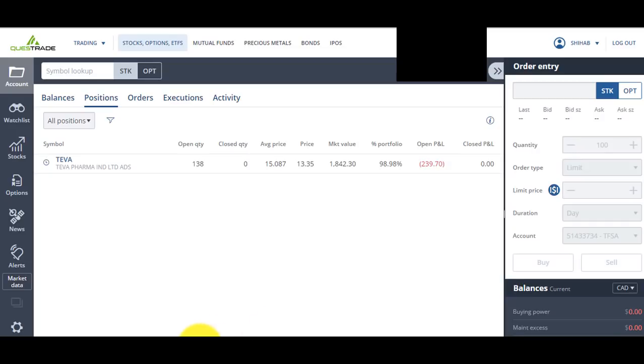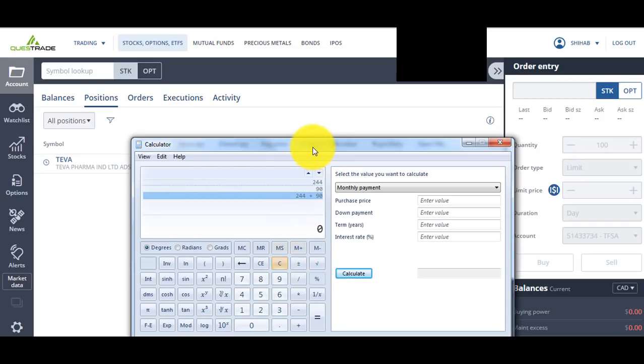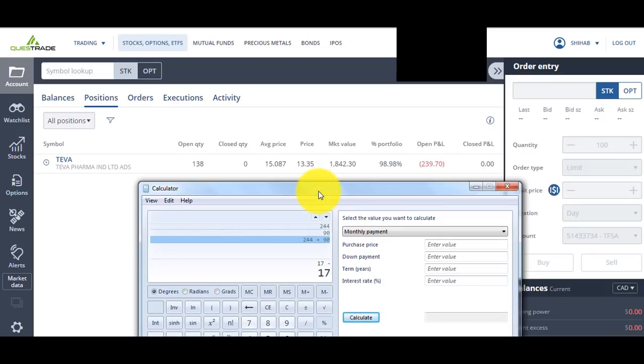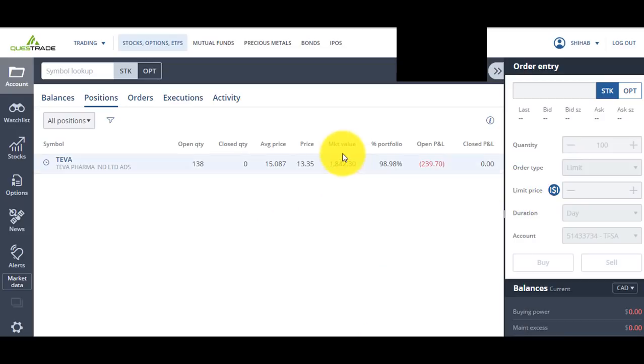So that will give me a profit of, let's say, 17 minus 15.087 times 138 shares. So that's $263 profit on a total investment of about $2,000. So it's not bad, and I could do it probably in 3 months or less.